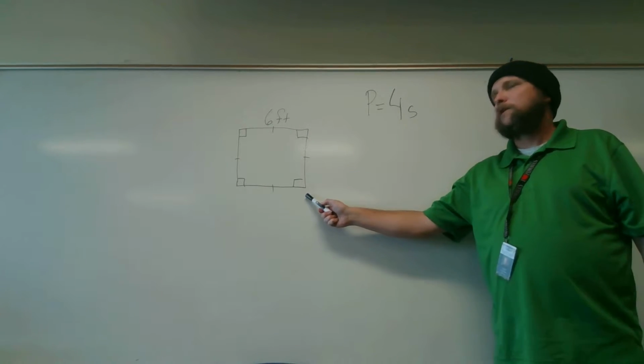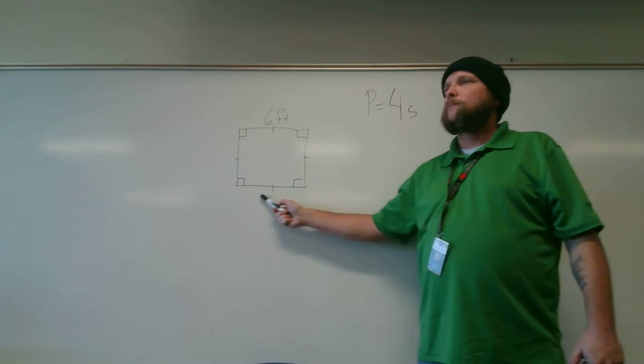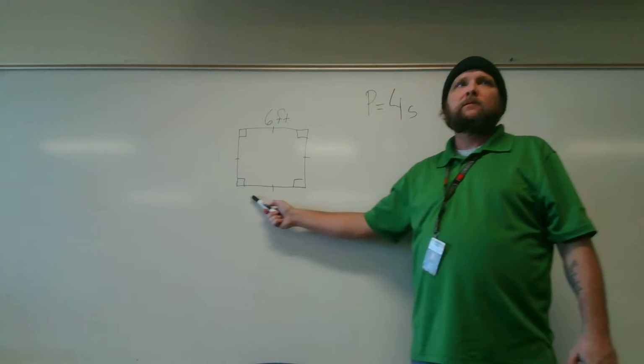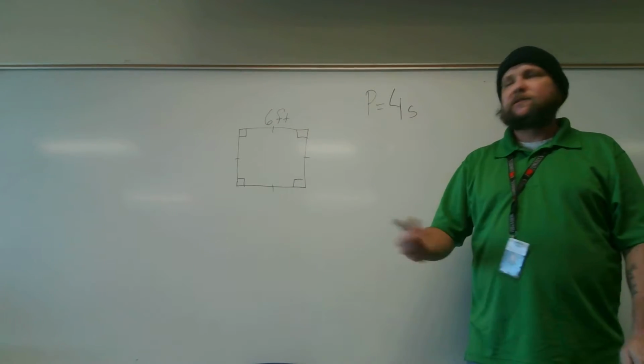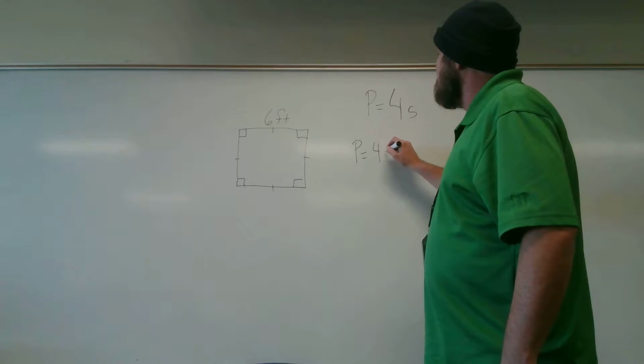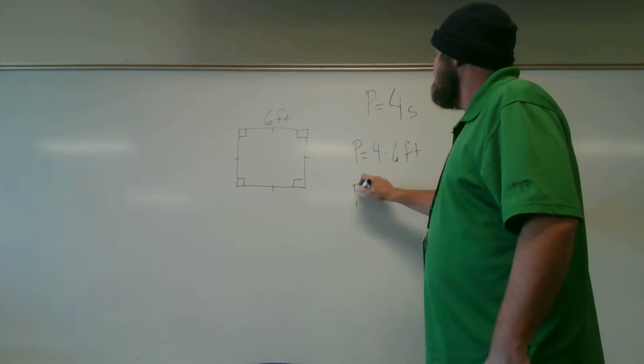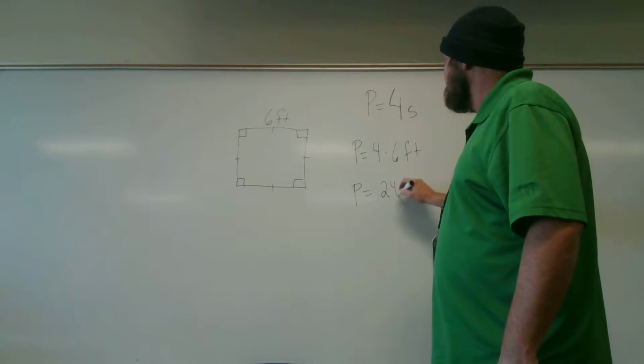Square. No, not square. Square feet? No. Anton? Sides. It stands for the side. So perimeter equals 4 times 6 feet. So perimeter equals 24 feet.